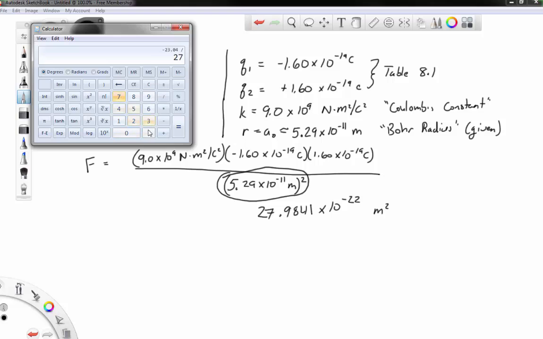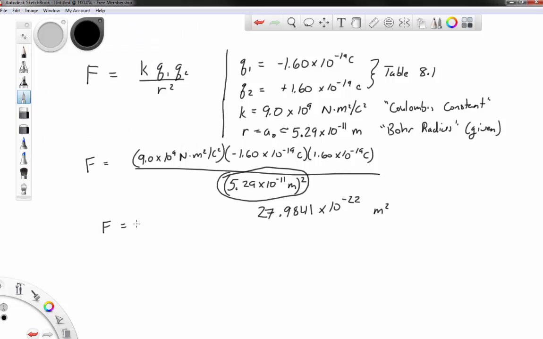Divide that by this 27.9841 number, and so it looks to me like I'm going to get F is equal to negative 0.823324, and I'm going to just go ahead and write that as 8.23324, and then the next digit's actually a 67, so we'll just put a 7, times 10 to the minus 1.